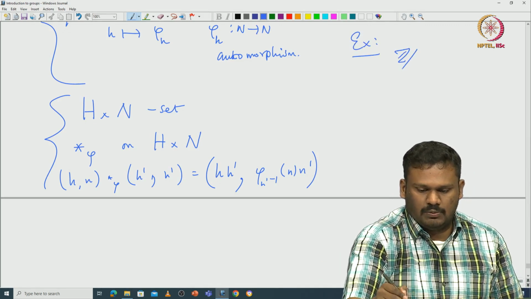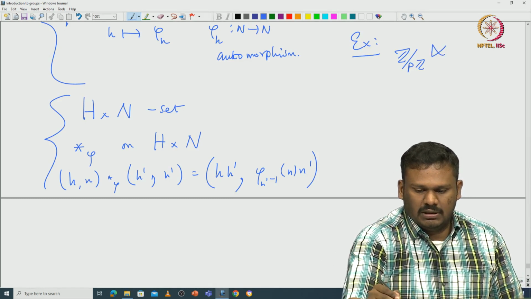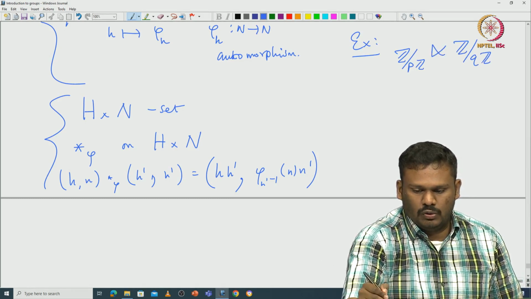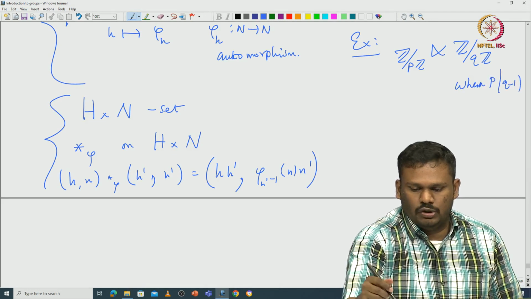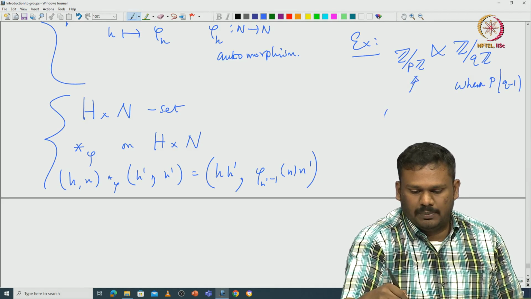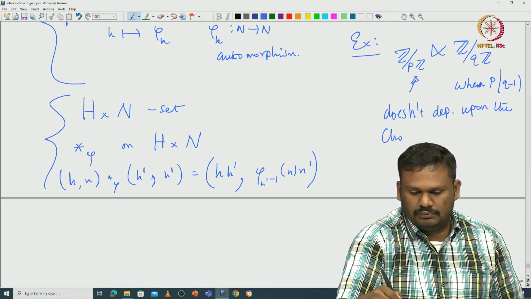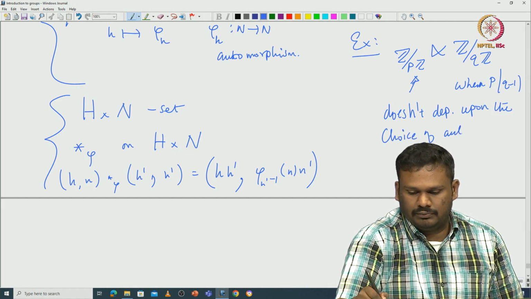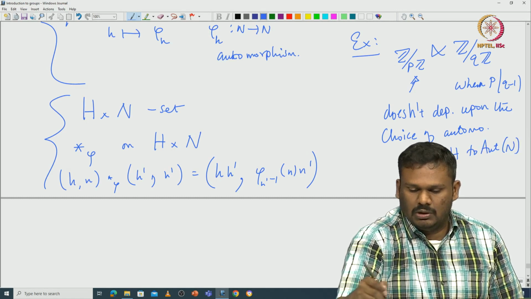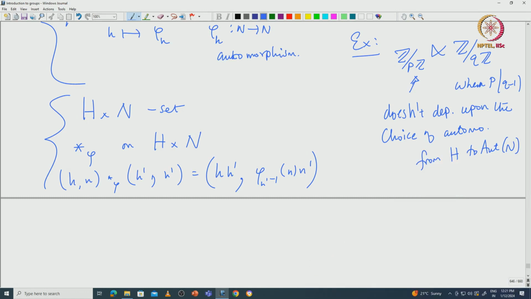If you take Z modulo pZ and then the semi-direct product with Z modulo qZ when p divides q minus 1, then you get that this doesn't depend upon the choice of automorphism from H to automorphism of N in the non-abelian case.